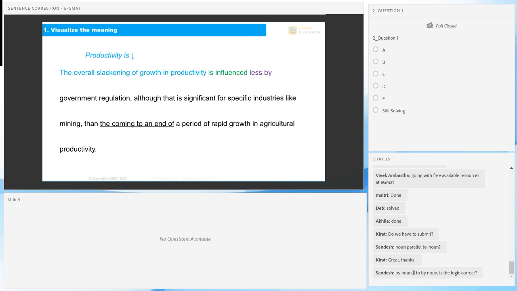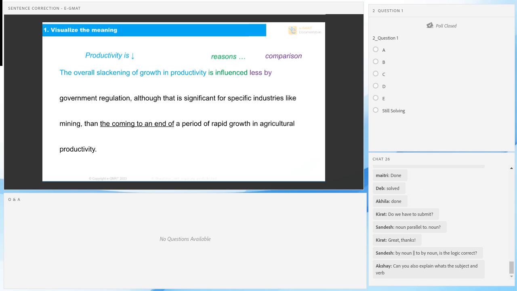When you're reading this sentence, in your head, you should think productivity going down. In your mind, you are actually making an arrow going down. Productivity is going down. "Is influenced" means that the author is going to give us the reasons for that. "Less by": when you see less by, you automatically know that there is a comparison.